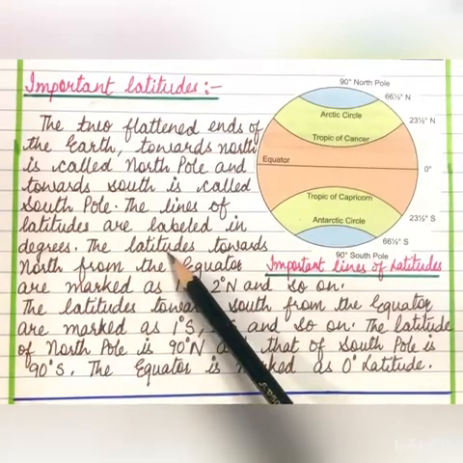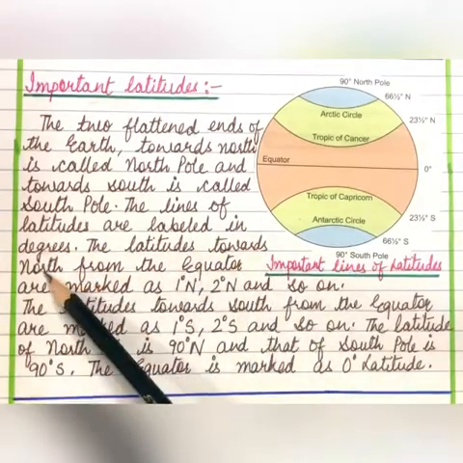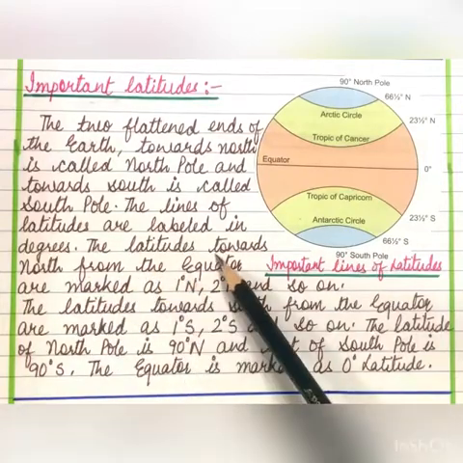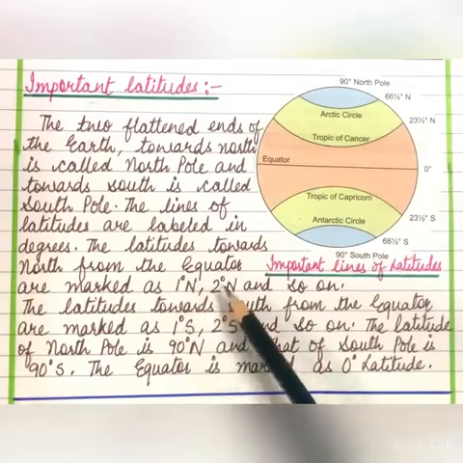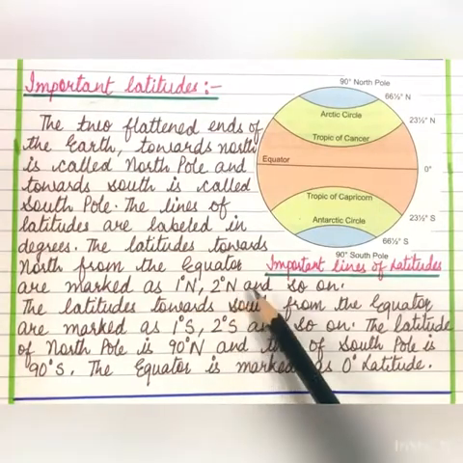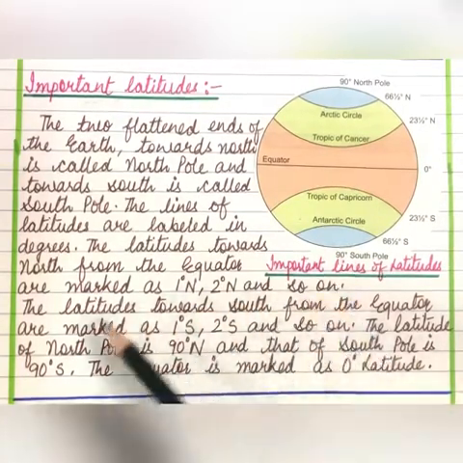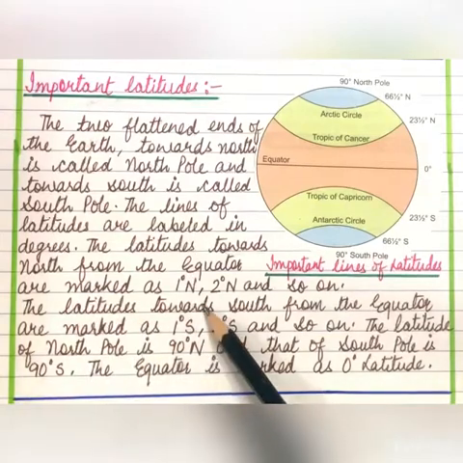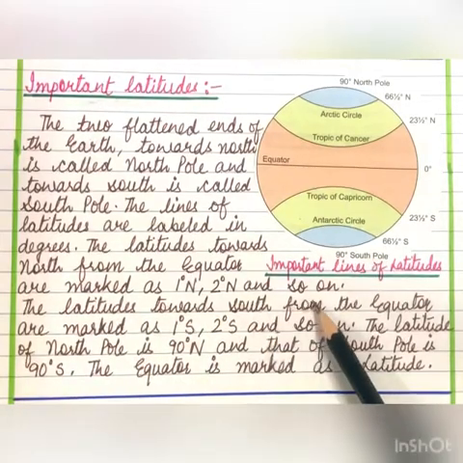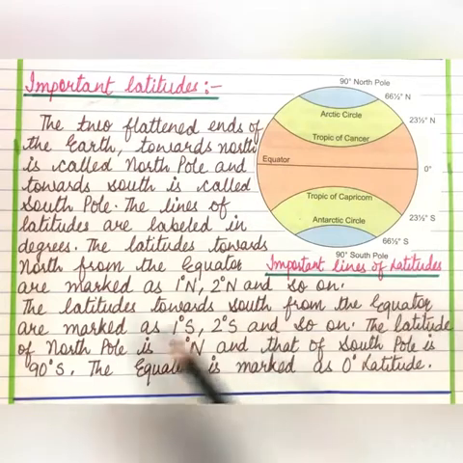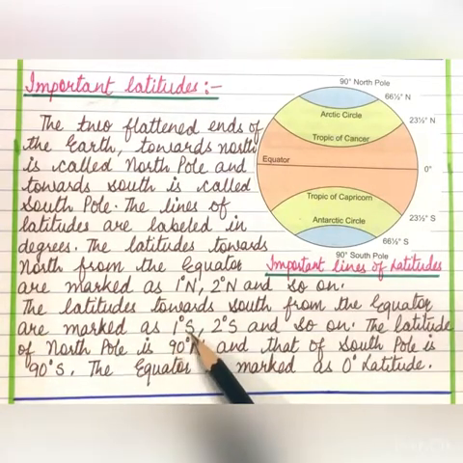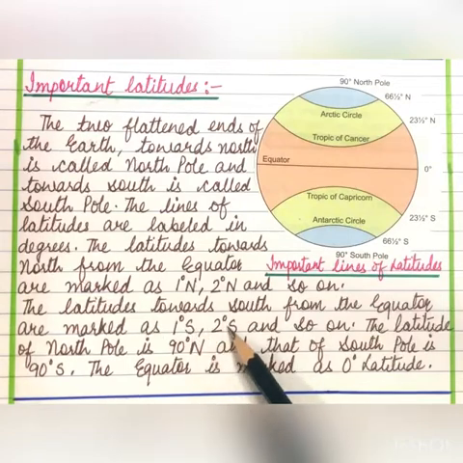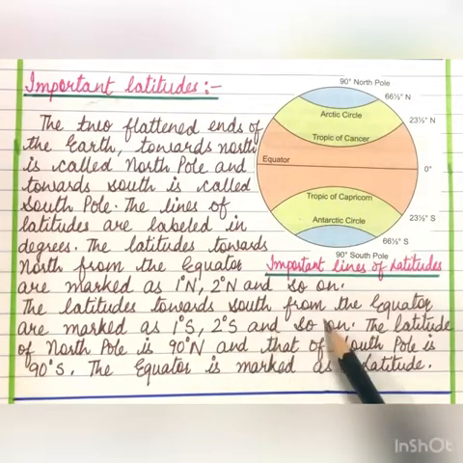The latitudes towards north from the equator are marked as 1 degree north, 2 degree north, and so on. The latitudes towards south from the equator are marked as 1 degree south, 2 degree south, and so on.